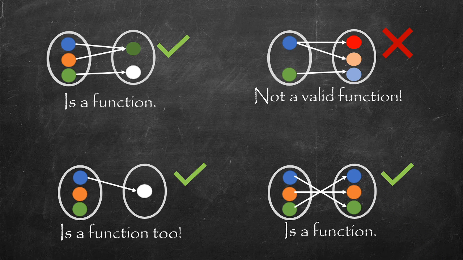Okay, so these are the answers, and this one might surprise you a bit because two of these balls have no outputs. They're being mapped to nothing. It's as if you throw them in the machine and nothing happens. That's actually okay. It's not necessary that every point in your domain has to map to something, but it is important that none of the points in the domain map to more than one thing.